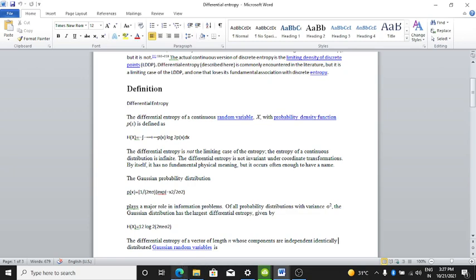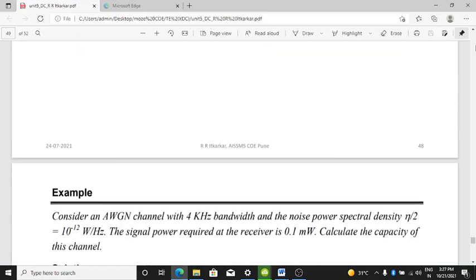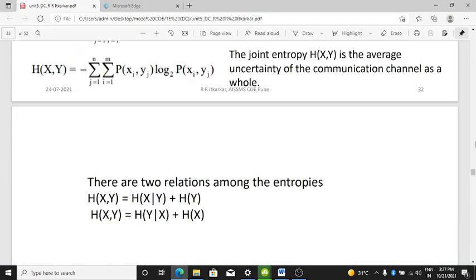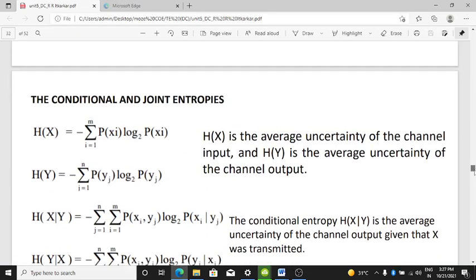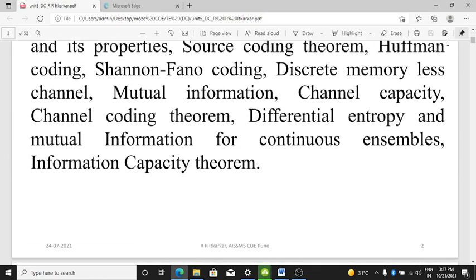Now we summarize which topics are covered in this chapter in digital communication. This is chapter number 5.